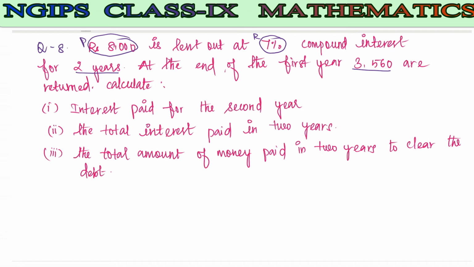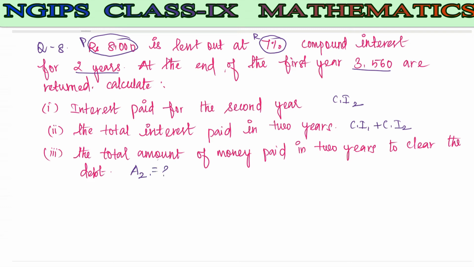Calculate the interest paid for the second year, the total interest paid in 2 years, and the total amount of money paid in 2 years to clear the debt. So remember, here we need to find the second year compound interest and the compound interest paid in 2 years. It means we need to add the first year compound interest and the second year compound interest. The total money paid in 2 years to clear the debt means the total amount at the end of the second year. This we need to find.